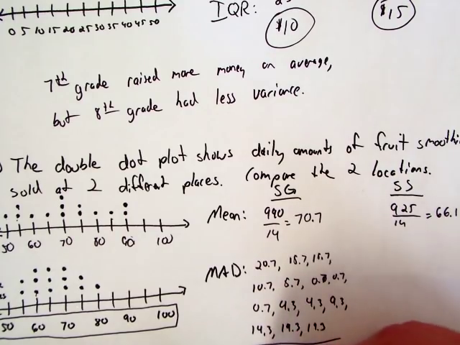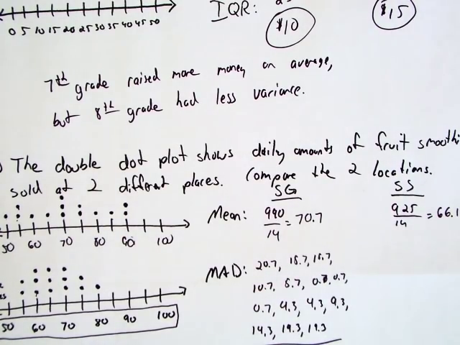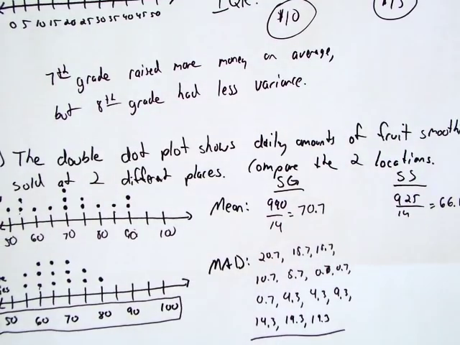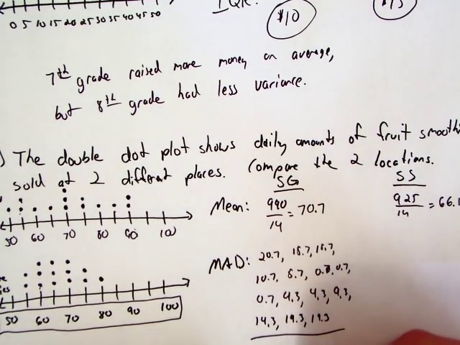So the mean absolute deviation, add those all up, and I get 141.4. Divide that by 14, and I get 10.1.